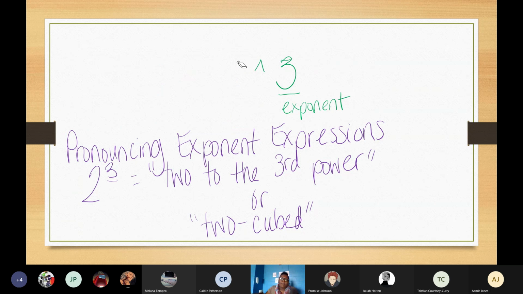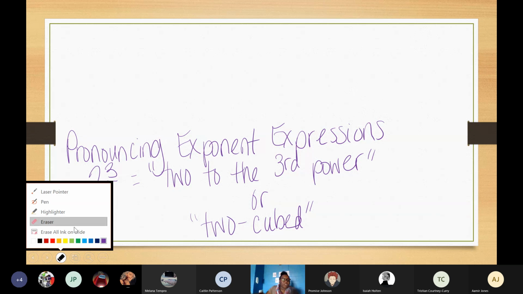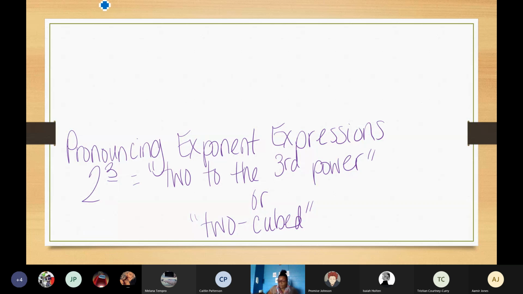So remember, when we're talking about writing a number, an exponent expression, example 1. We talked about 3 as our exponent. What if we were to use 2?